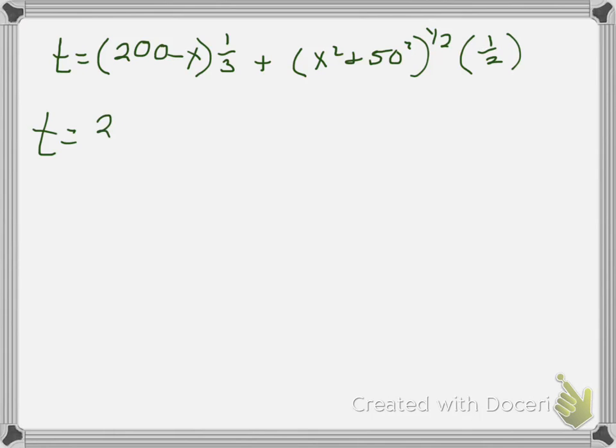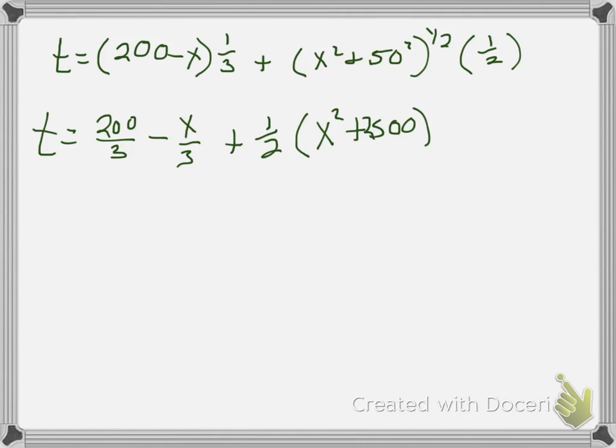I'm going to call this 200 over 3 minus x over 3. And I'm going to bring the 1/2 out here: x squared plus, I'm going to call that 2500, since 50 squared is 2500, to the 1/2 power. Okay. So now what we want to do is minimize the time it takes him to get from where he is to where he wants to be.